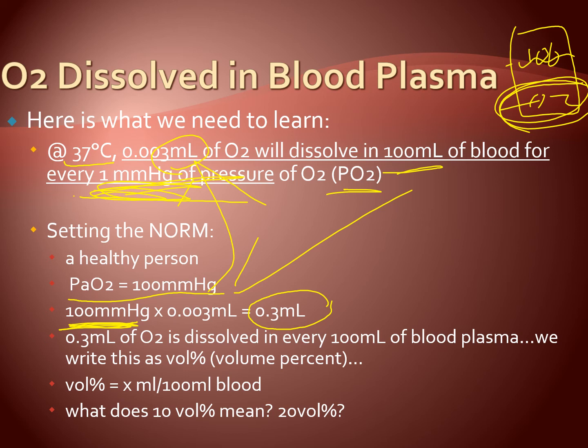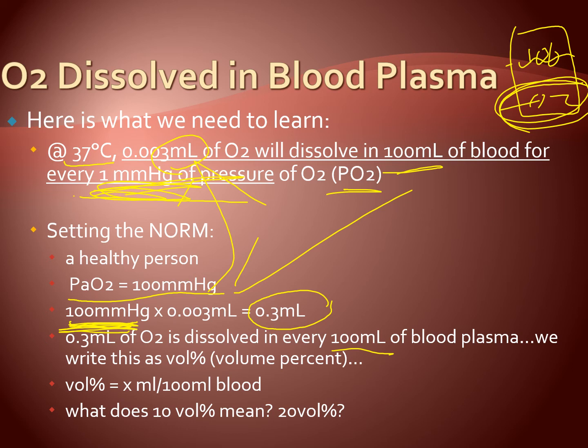That's incredibly low. For as good of a pressure as that is, the carrying capacity of plasma is very low. So that means 0.3 mLs of oxygen is dissolved for every 100 milliliters of blood plasma.